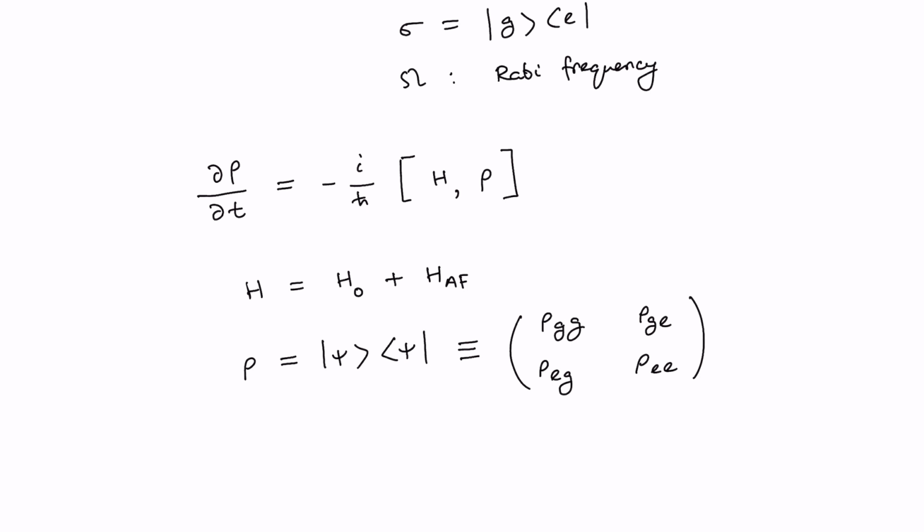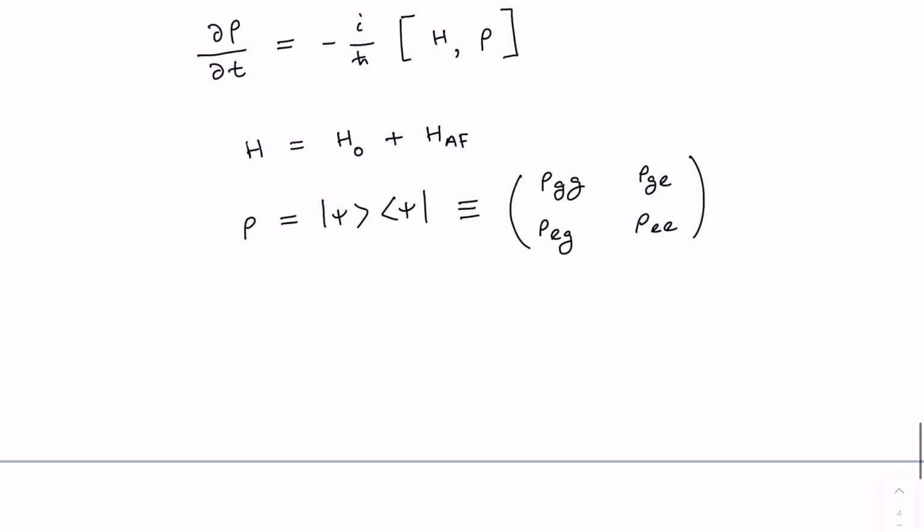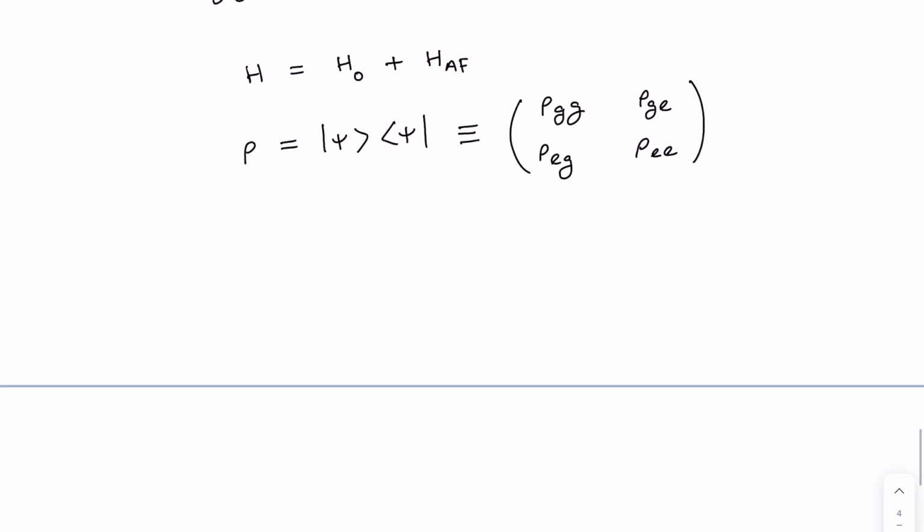Basically why I'm saying this, because when I'm going to write the Hamiltonian I have to be careful how I am writing my density operator, since I'm now writing the ground state in the upper row and in the first column.